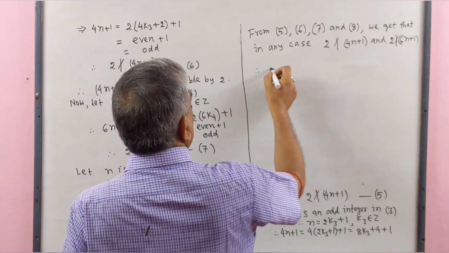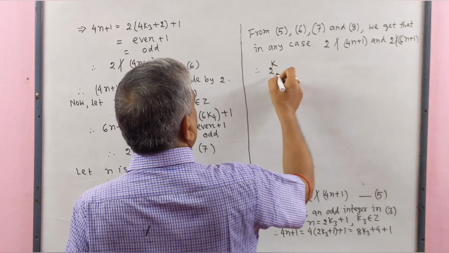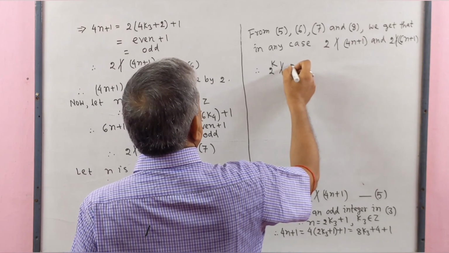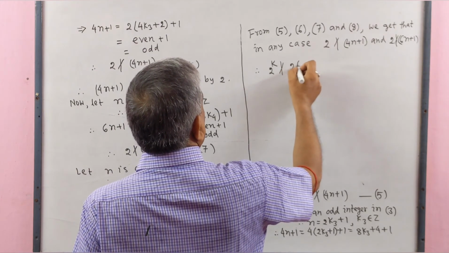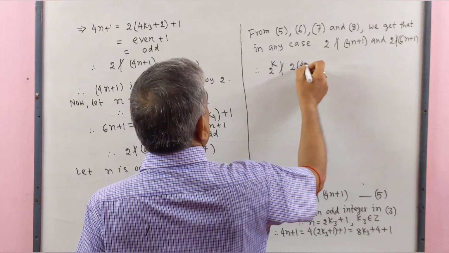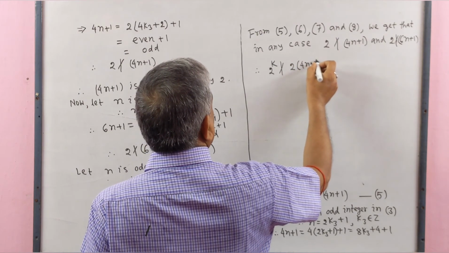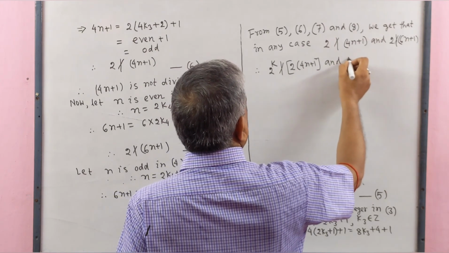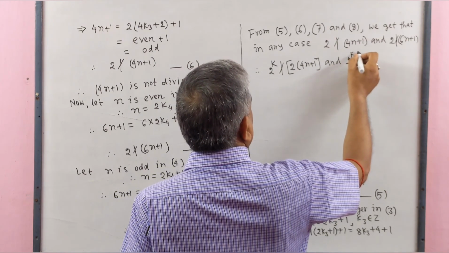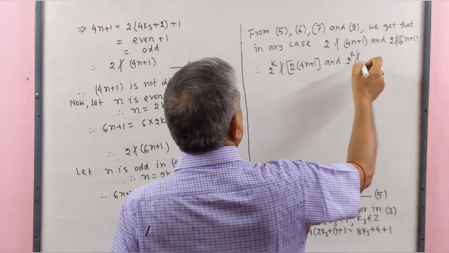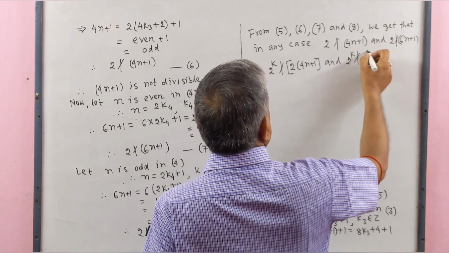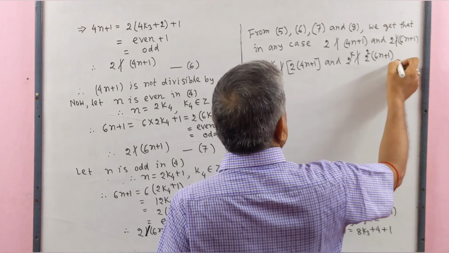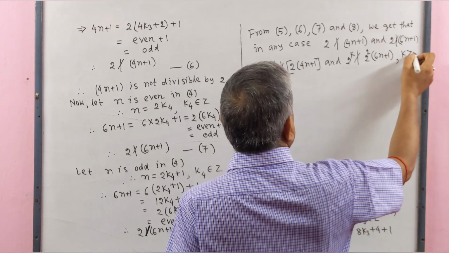Therefore, 2 to the power k does not divide 2 multiplied by (4n plus 1), and 2 to the power k does not divide 2 square multiplied by (6n plus 1), for k greater than or equal to 3.